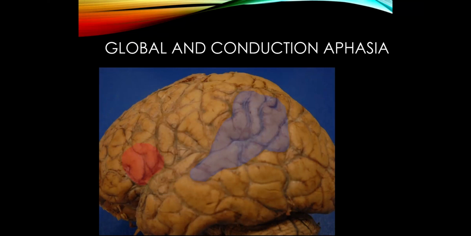So if we have an isolated lesion of this pathway, the arcuate fasciculus, these patients usually come in with kind of a vague language problem, and we do all the language testing, and what really stands out is that these patients cannot repeat sentences. That deficit stands out more than any other.